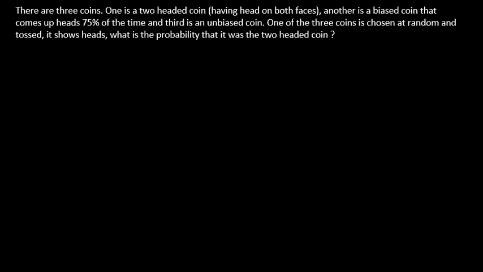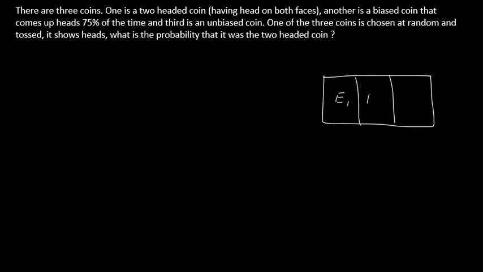Okay, so now here the sample space is divided in 3 partitions. First partition is that the coin is a two-headed coin. Second partition that it is biased, and third is that it is unbiased. So I have 3 events. E1 is the coin is two-headed coin.